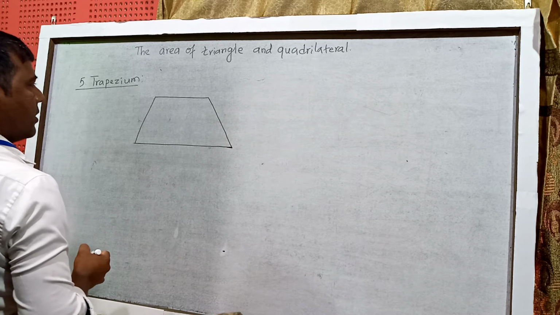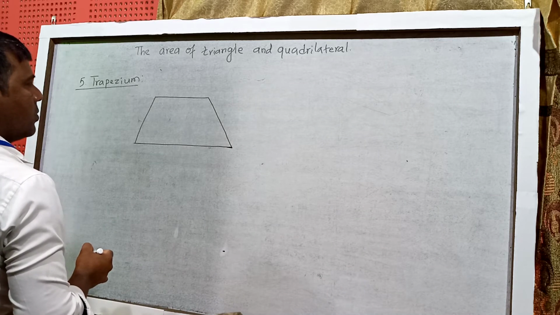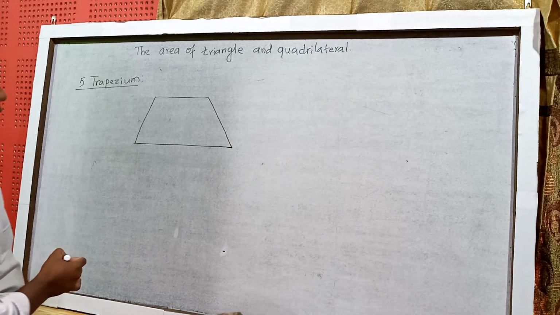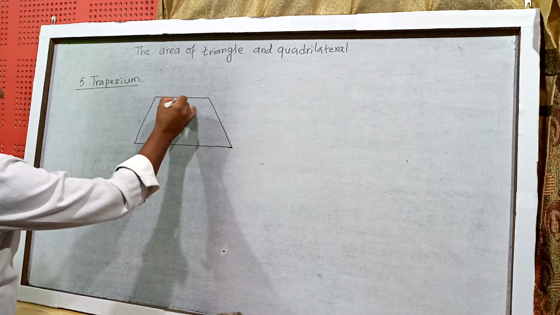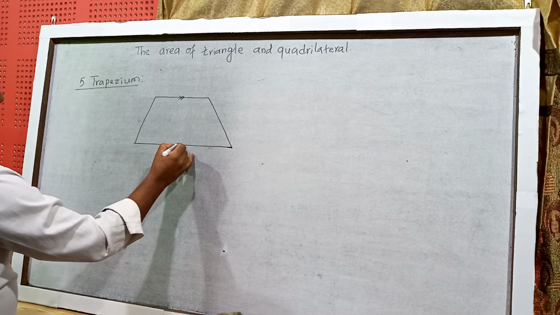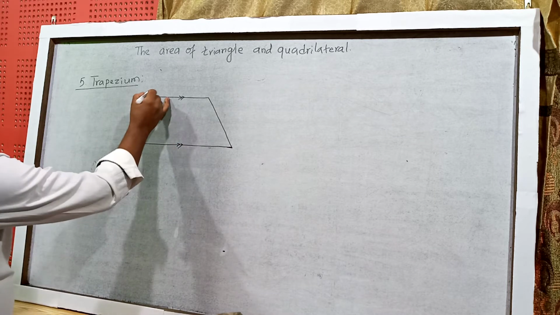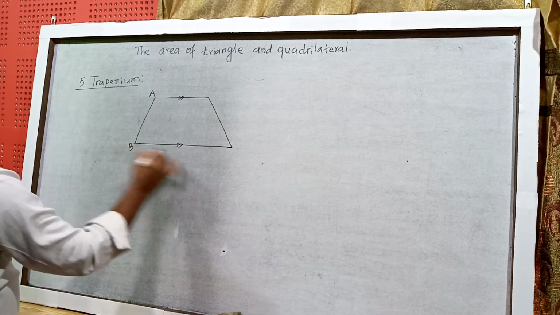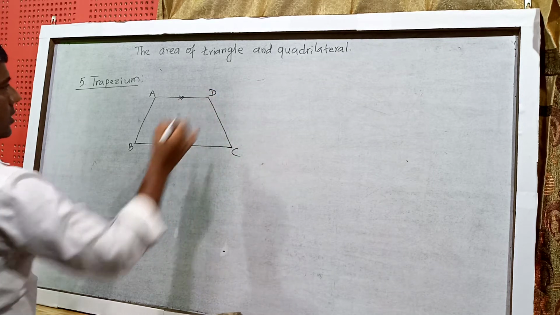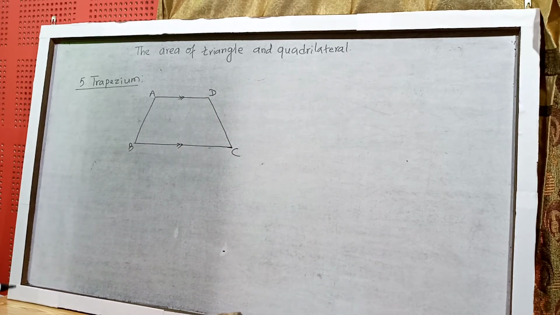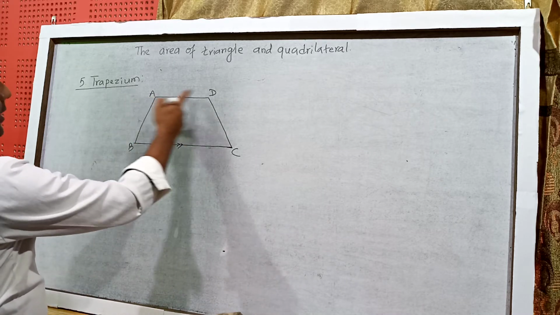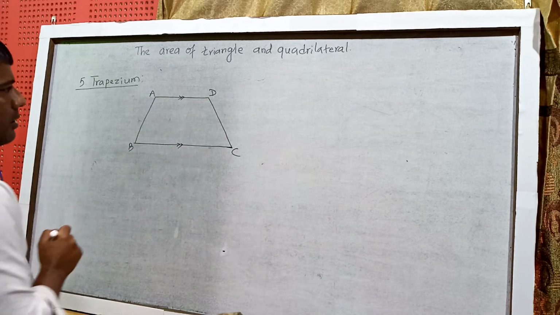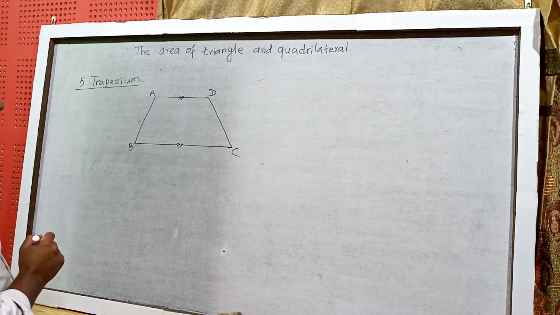A quadrilateral in which one pair of opposite sides are parallel is called a trapezium. This quadrilateral is a trapezium because it has one pair of opposite sides parallel. AD and BC are parallel, so it is a trapezium.